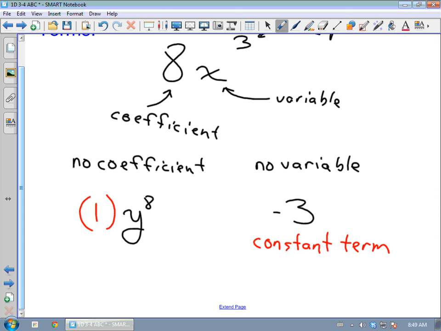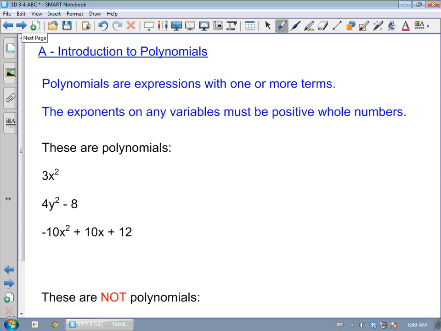Now, if we take a bunch of terms and connect them together using addition or subtraction, we get what we call an expression. Another name for that is a polynomial. And this is where we get to introduction to polynomials. Polynomials are simply expressions with one or more terms.